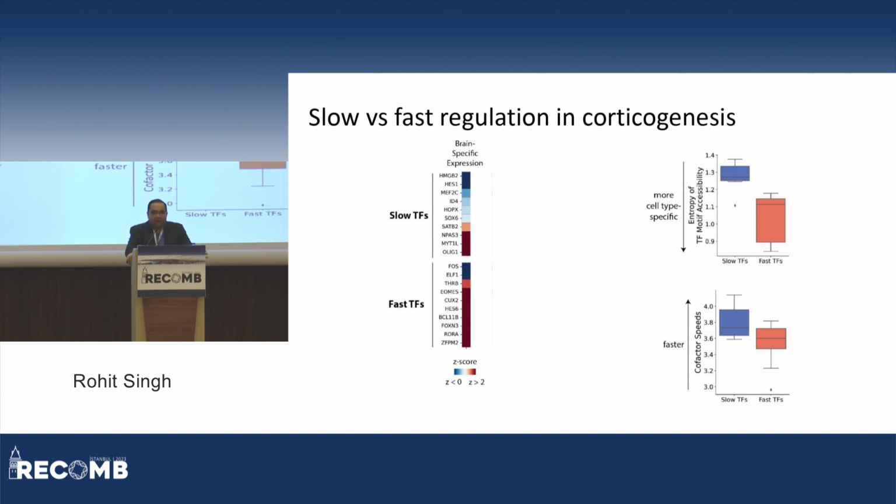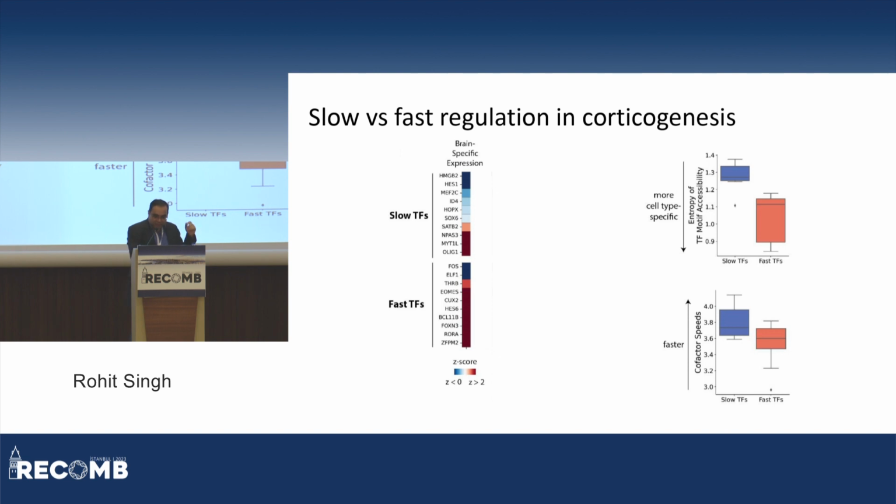What we found is that fast transcription factors are disproportionately more implicated in neuropsychiatric disorders, while slow ones are disproportionately more implicated in cancers and gliomas. One story here is that the slow ones are chromatin remodelers that are not necessarily tissue specific, but they start the whole thing going. And if they go wrong, you have cancer. The fast ones are tissue specific, cell type specific. If they go wrong, you have cell type specific things.